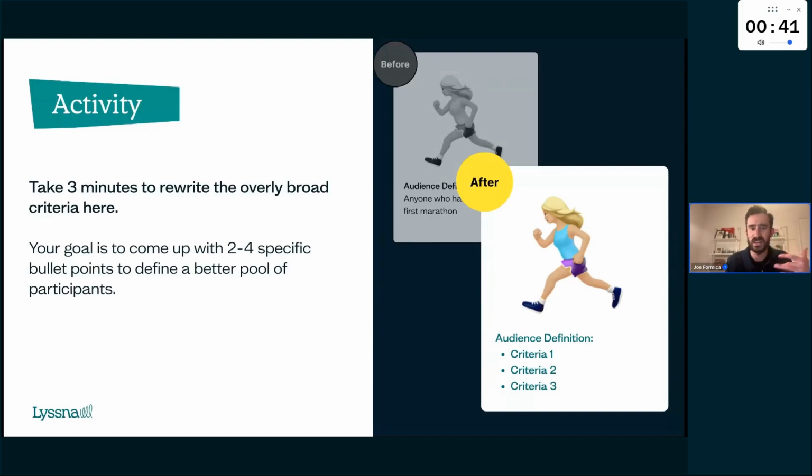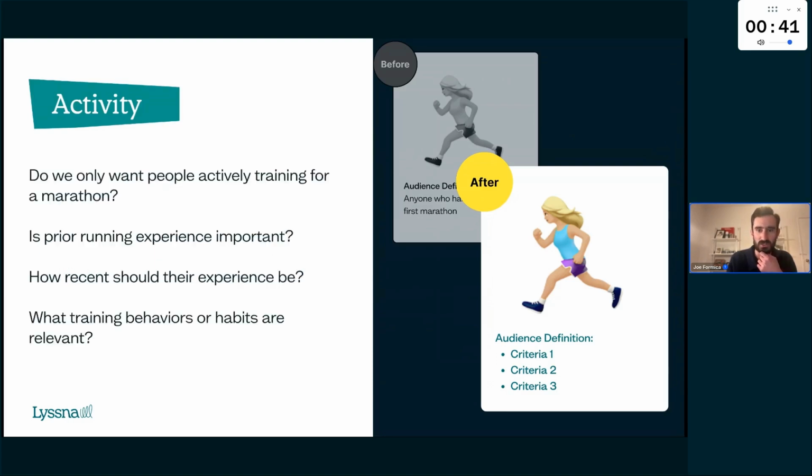So we're not focused on getting super granular here or knowing every piece of criteria we could need to know about the subject matter or our audience. We're just going to improve that very general audience definition of anyone who's ever trained for a marathon by offering a couple pieces of criteria that'll make it a little bit more specific.